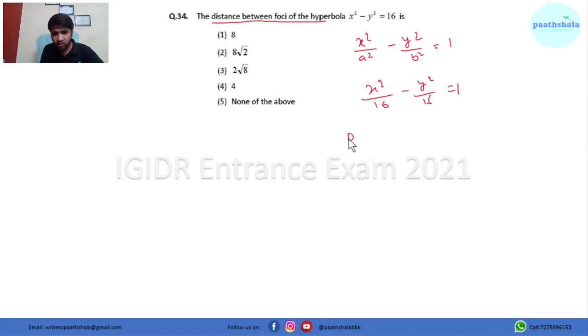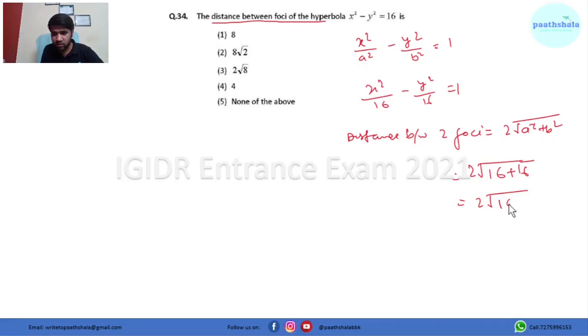The distance between the two foci is equal to 2 under root a square plus b square. In place of a square we have 16, and in place of b square we have 16. So this will come out to be 16 plus 16, which is 16 into 2. So finally this will come out to be 2 into 4 root 2, that is 8 root 2. So the final option is the second.